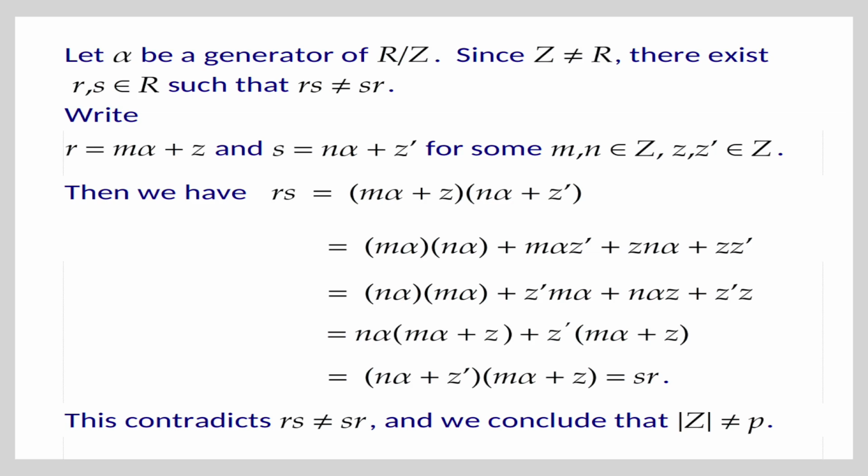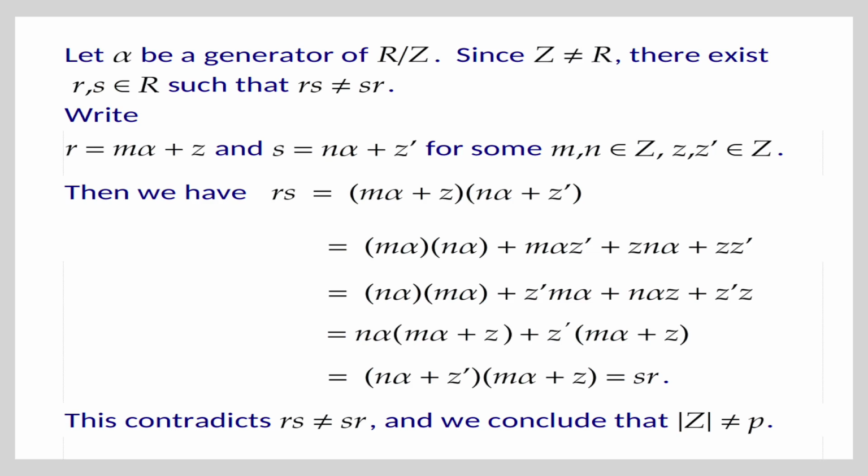Since z and z' are in the center, we write mα·z' as z'·mα and z·nα as nα·z. Thus, we get nα·mα + z'·mα + nα·z + z'z.